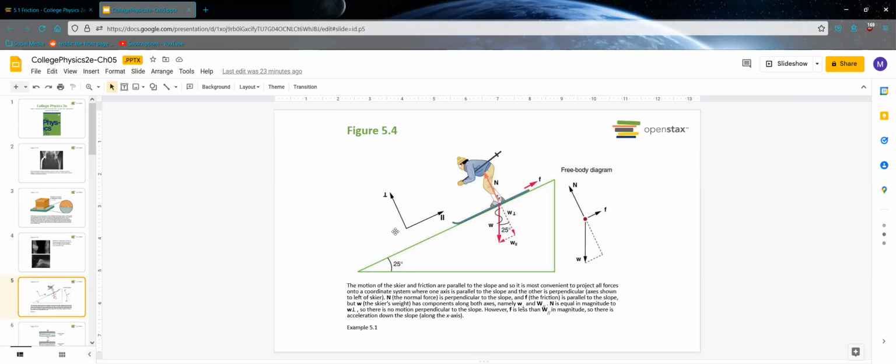The gravity is pulling the skier straight down, but the question cares about the 25-degree angle of the hill. So I need to know what gravity is doing in reference to the hill itself. And since friction is defined in part by the material and in part by the weight, the heavier something is, the harder it is to push.